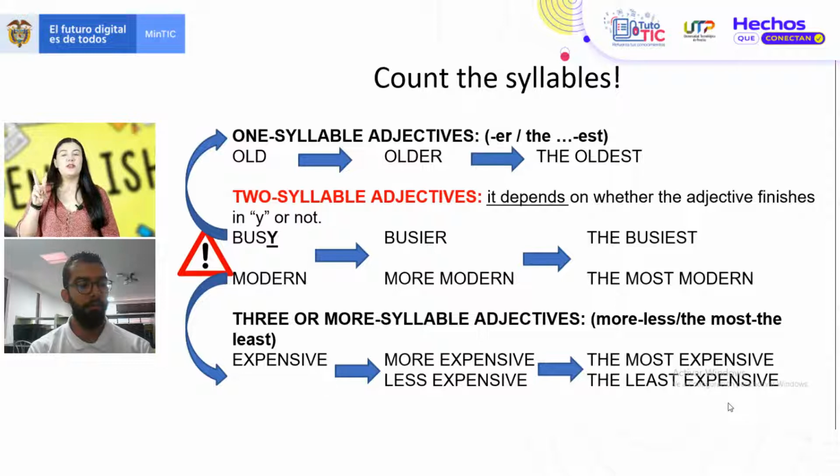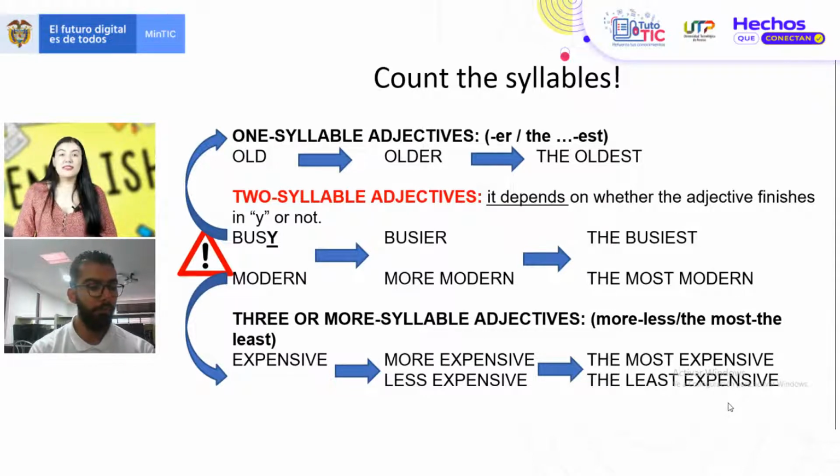Busy. Two different syllables. So if we have two different syllables, the rule says that we can add ER to the end of that adjective. So the example would be like this. Busier. Okay, so busy is the adjective and the comparative would be busier.